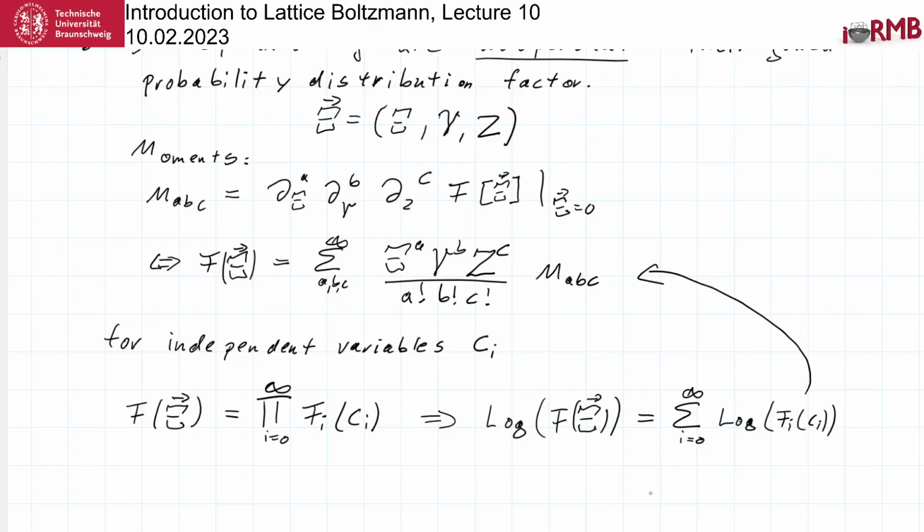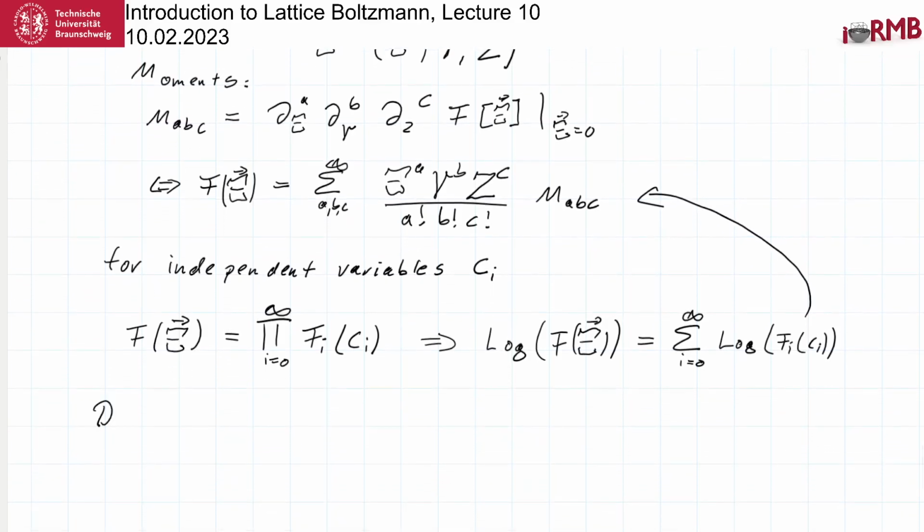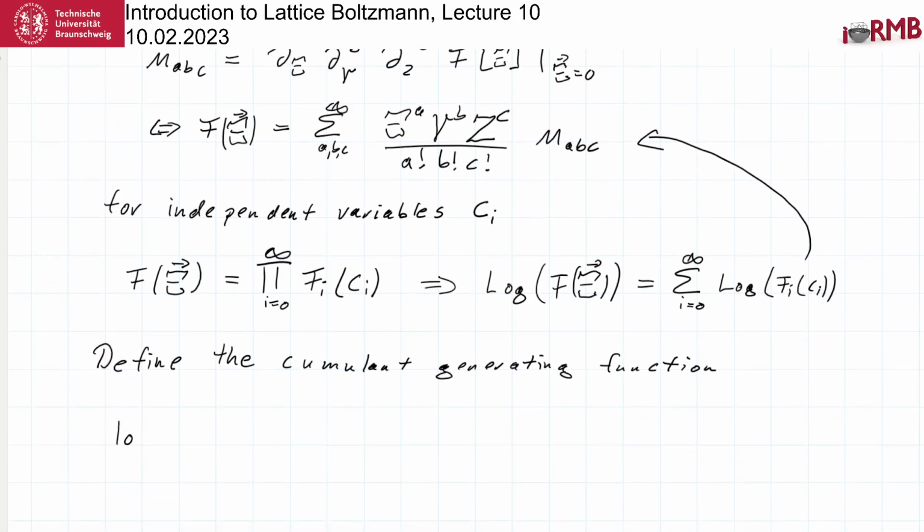So now what we define is the cumulant generating function as the logarithm of the moment generating function. That's all we have to do.